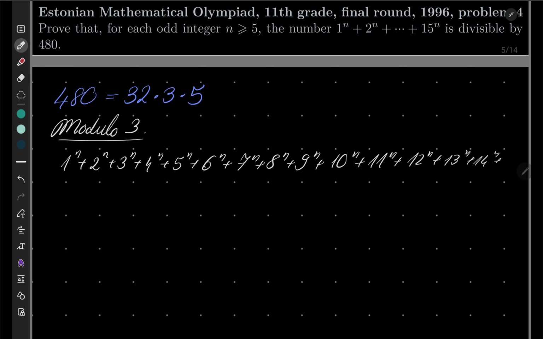I will copy it to save some time next time. Okay. Let's see. 1 to the nth plus 2 to the nth, 3 to the nth is congruent to 0, then 4 is congruent to 1, 5 is congruent to 2, 6 is again congruent to 0, and so on. We see the pattern.